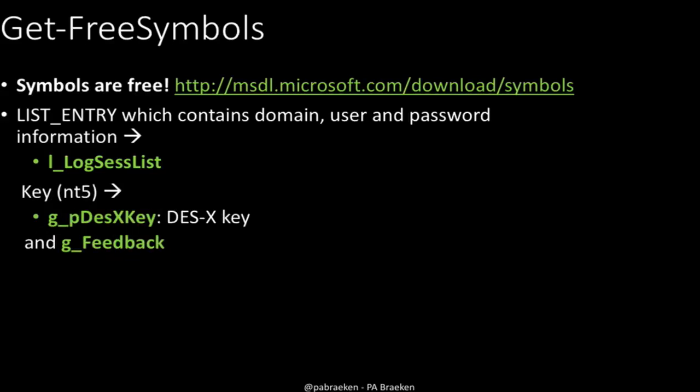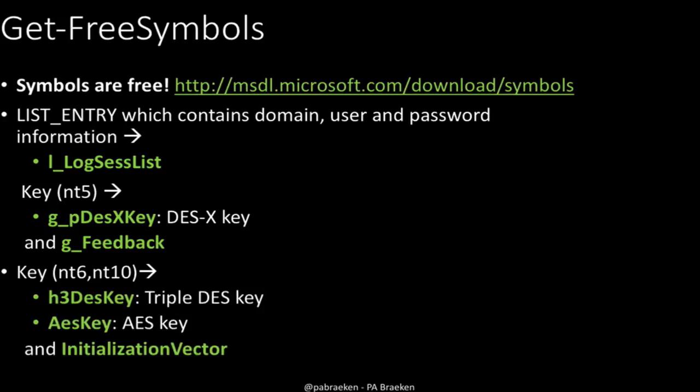As a key for NT5 operating systems, like 2003 for example, or XP, it is the 3DES key and the feedback you will need. For NT6 and NT10, it's the same thing: it's the 3DES key and the AES key, and you need the initialization vector.